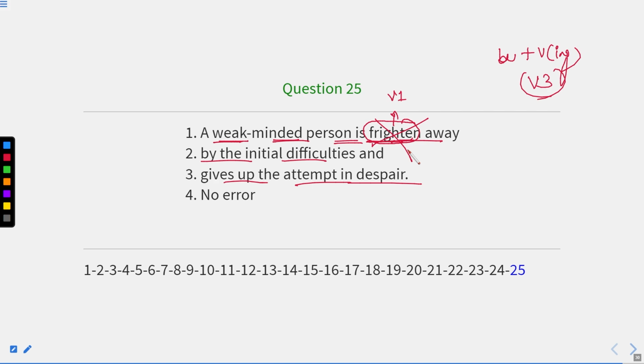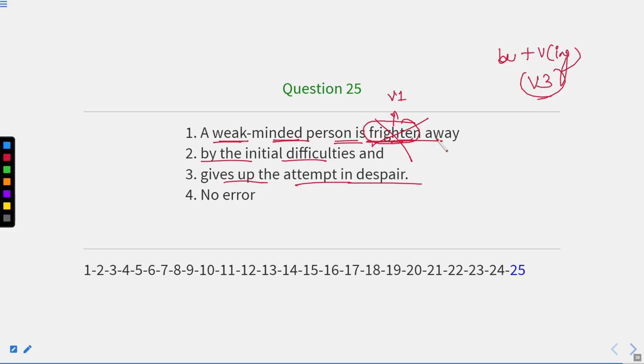A weak-minded person is frightened away by the initial difficulties and gives up the attempt in despair. Now, the major important thing is that whenever we have such sentences and we have to make them into passive voice, or we have to find out the error in this passive voice, we have to only identify that part which contains the error. We need not rectify that.